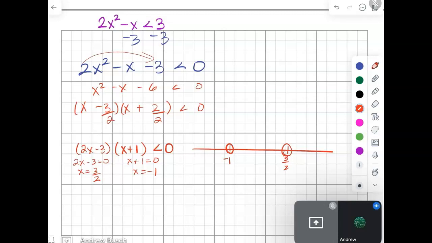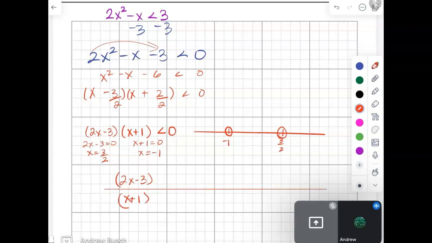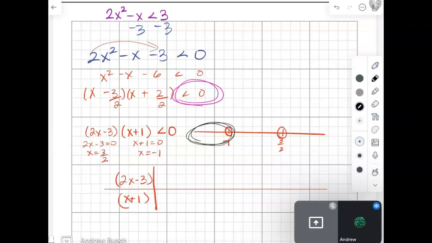From there, you're going to make a little chart and you're going to test your factors. So my two factors are 2x minus 3 and x plus 1. And we're going to test in these different intervals, looking at your number line, where is this quadratic less than 0 is what we're looking for. So the first interval I see is everything less than negative 1, so that would be negative infinity to negative 1.